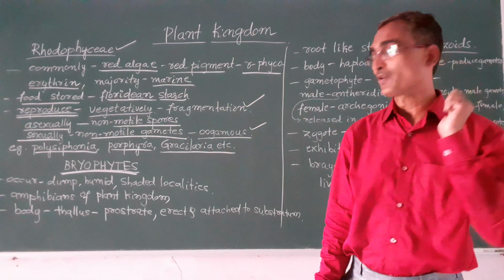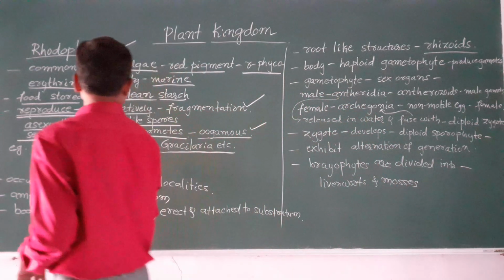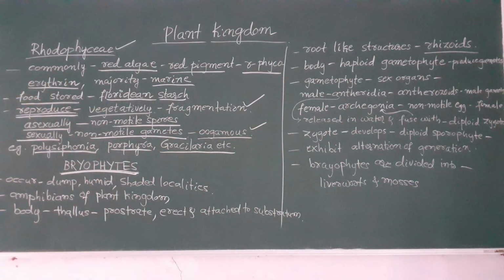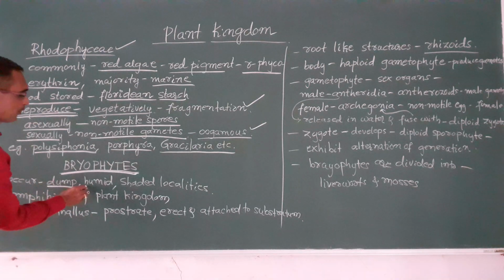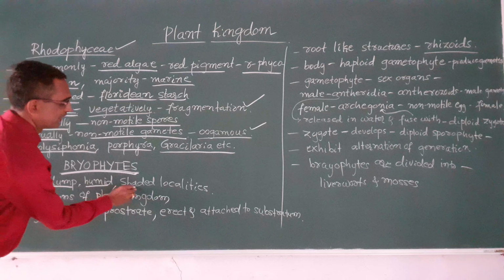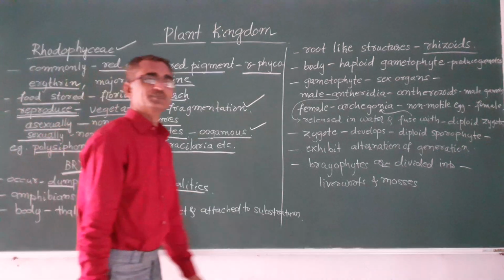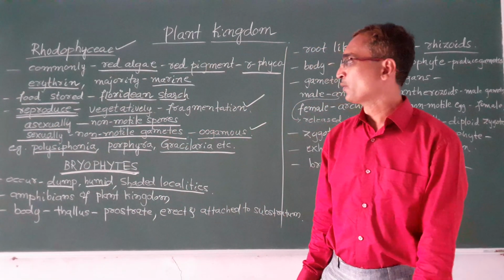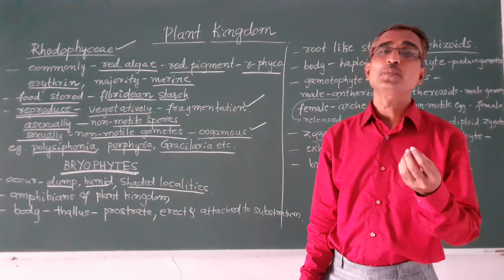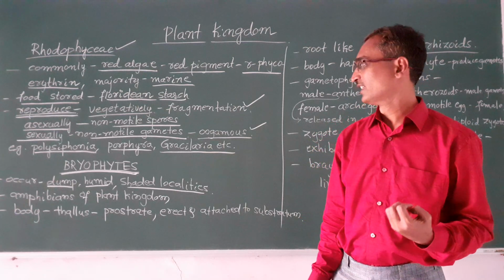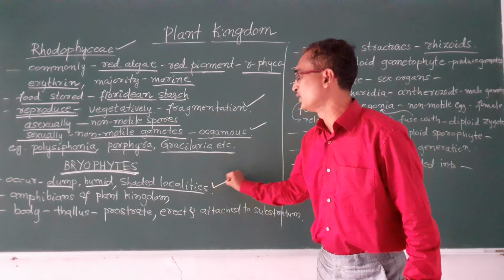Next is Bryophytes, and these Bryophytes occur in damp, humid, and shaded areas. Humid means having humidity, water content, and a shaded locality.